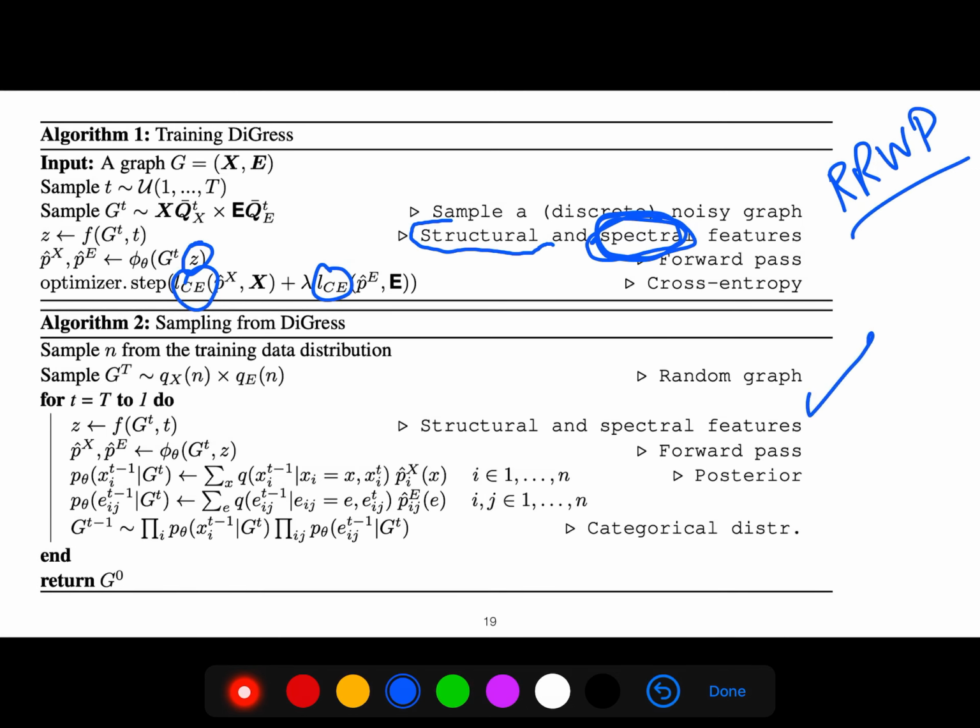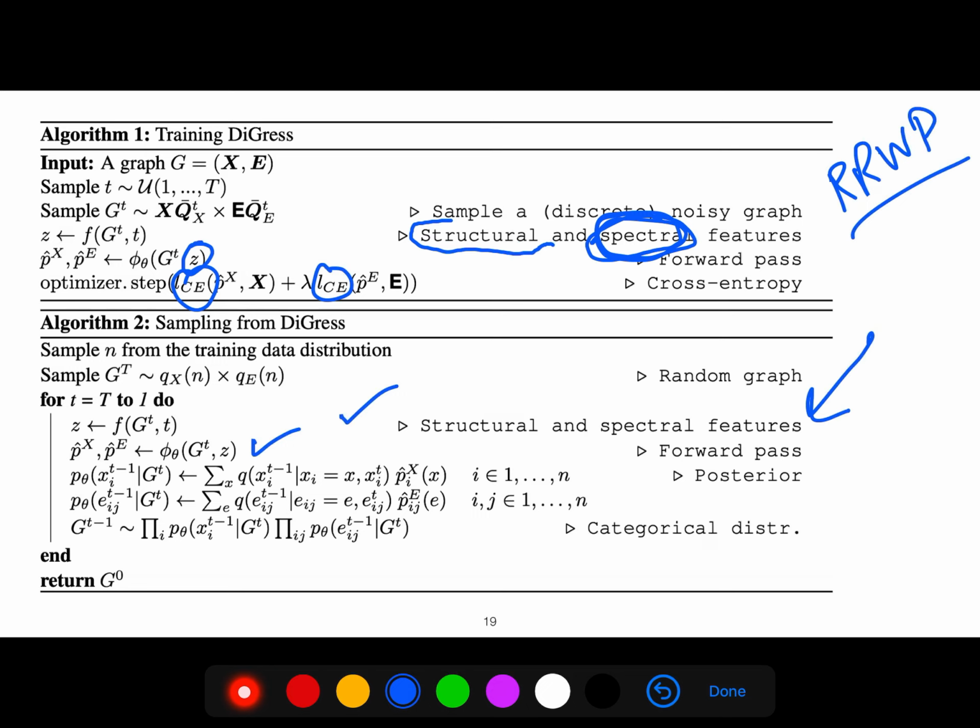But the sampling is different. Because you use the forward pass with structural features, here is the same. The forward pass, you need to know that because you want to sample. Here we are not learning anything. We have already trained something, so we know the parameters of the denoiser.